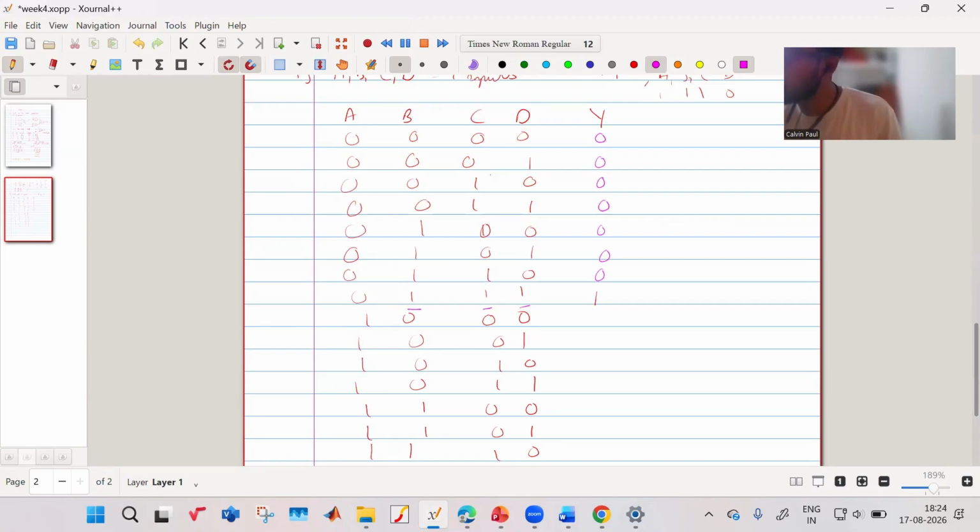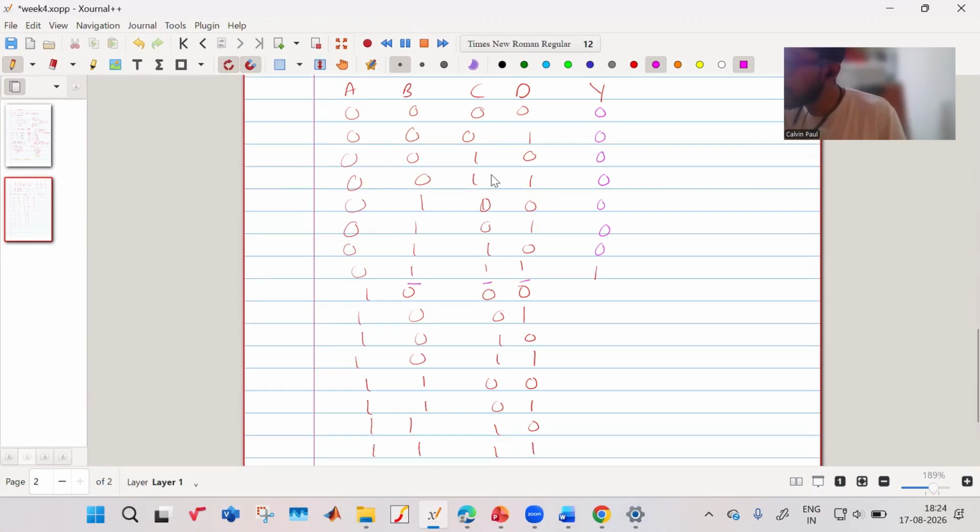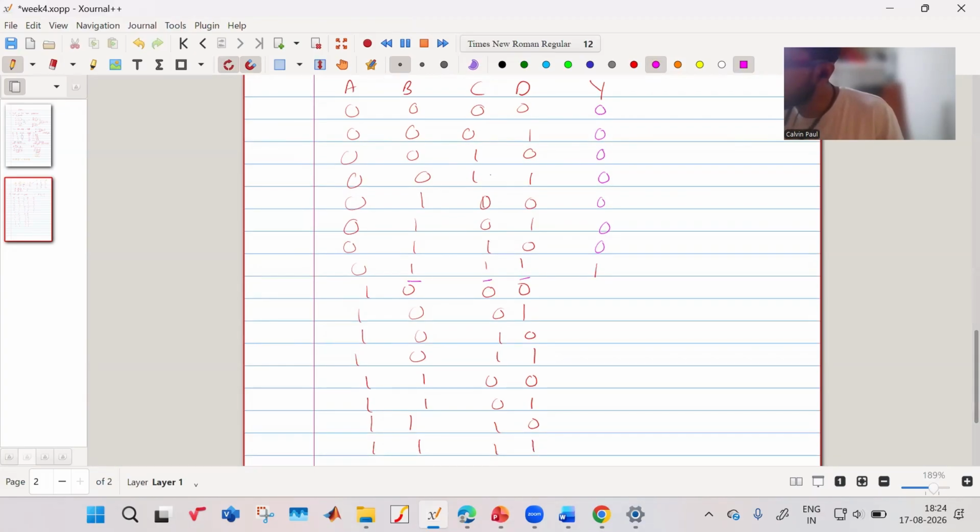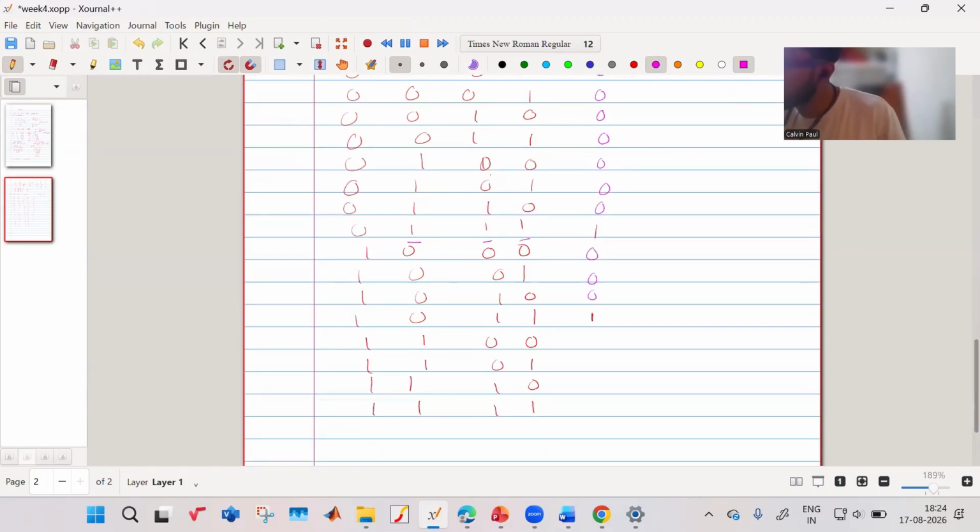So you'll have output 1. Let us see further. Here it is 0, here it is 0, here it is 0. Here it will be 1. Similarly, further, here it is 1, over here it is 1, and over here it is 0.